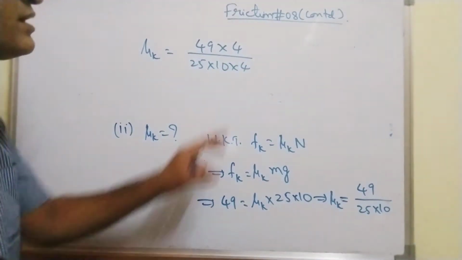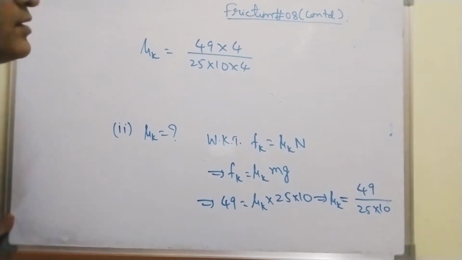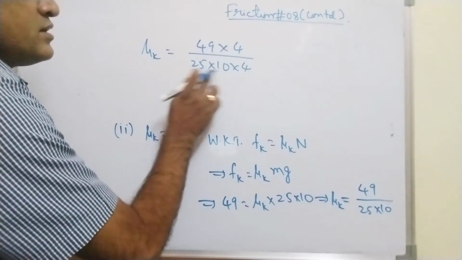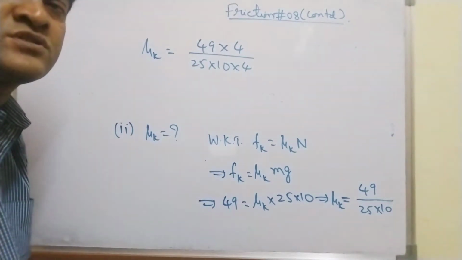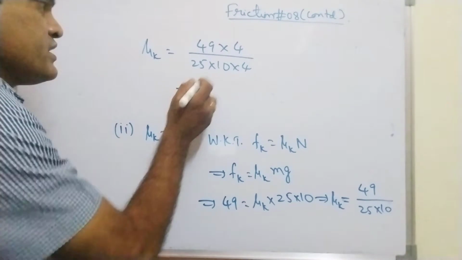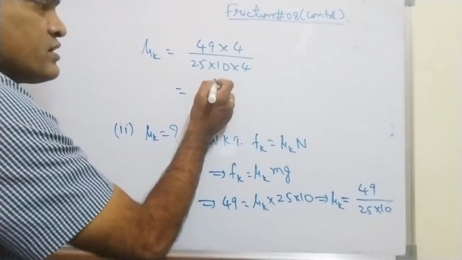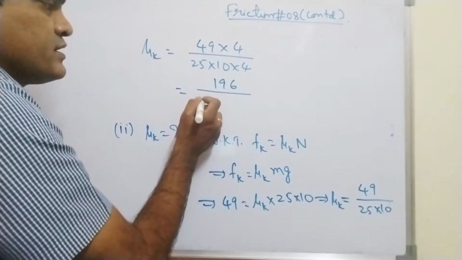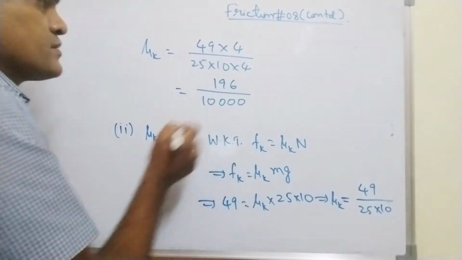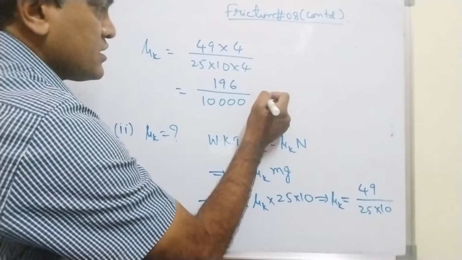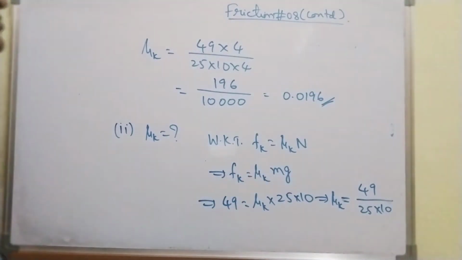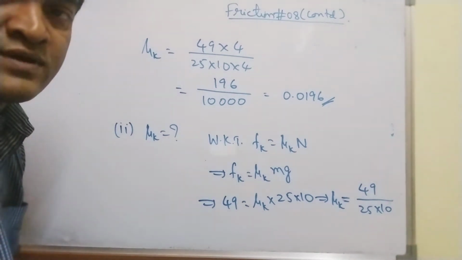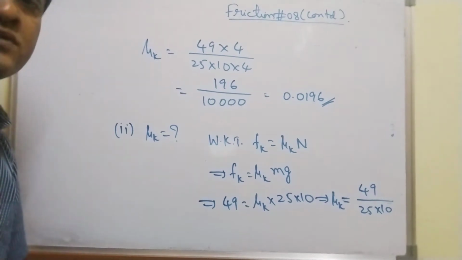I am multiplying and dividing by 4 so that 25 into 4 becomes 100 and I can write all zeros in the denominator. So 49 into 4 is 196. 196 divided by 10,000 again comes out to be 0.0196. This is the answer.